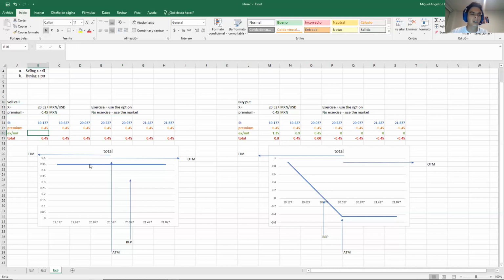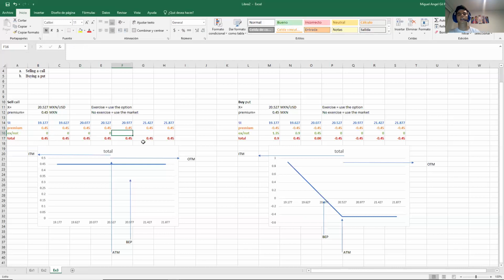So will that person prefer to buy the dollar with me at 20 or in the market at 19? I think that person will prefer to buy it in the market, right? That means no exercise, so 0. The next column is the same, 0. The next column is the same, 0. The next column is the same strike, so it doesn't matter, I write down a 0.